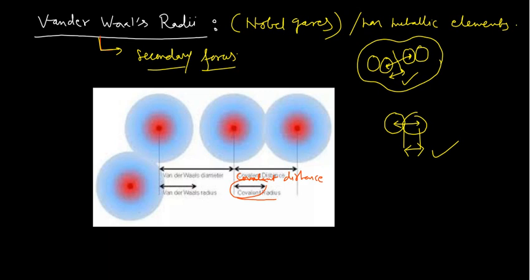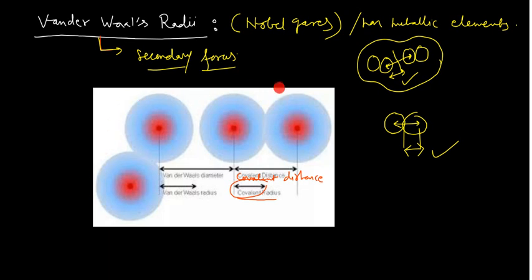So what is the definition? One half of the distance between the two nuclei of the two non-bonded and identical neighboring atoms of the adjacent molecules in the solid state. So what is the meaning of this?